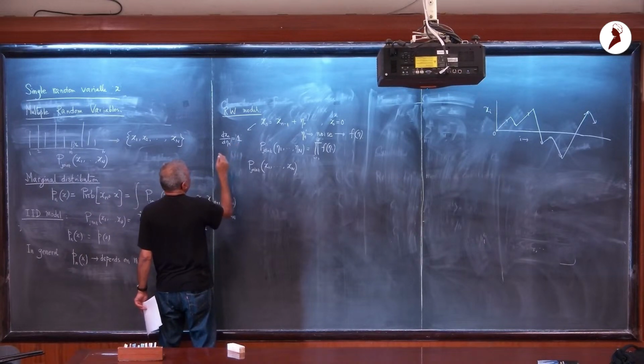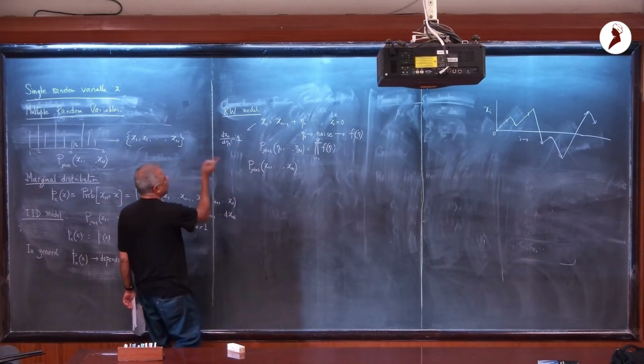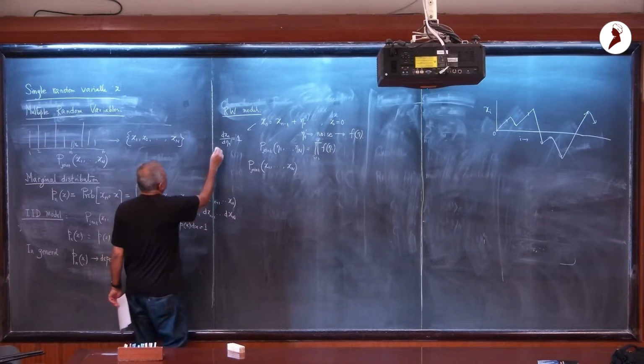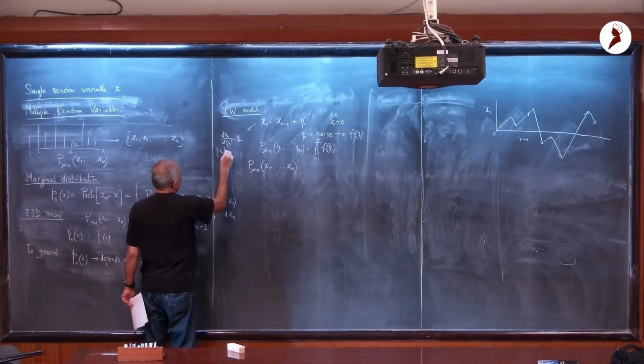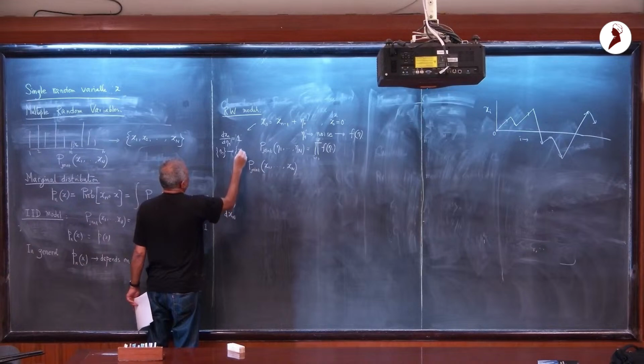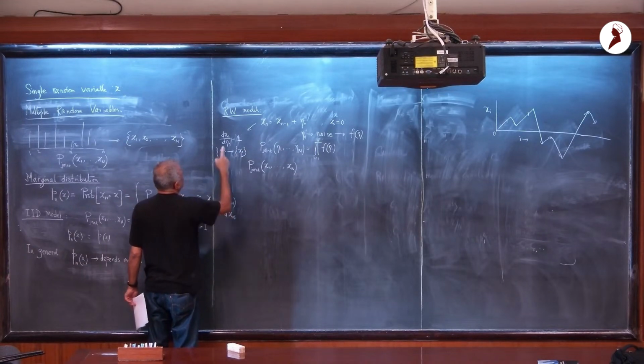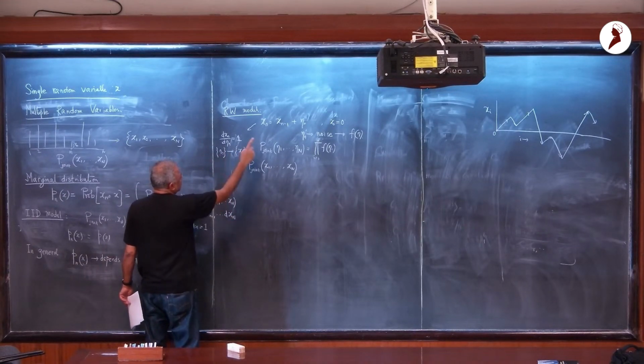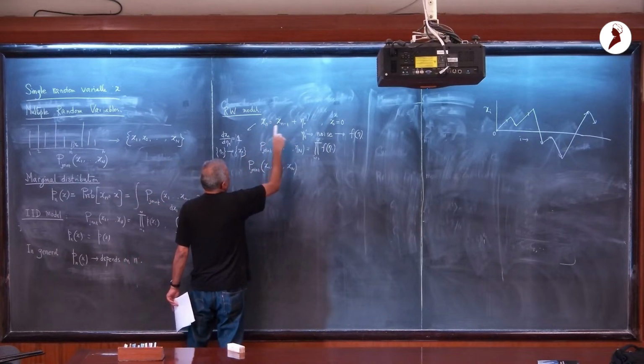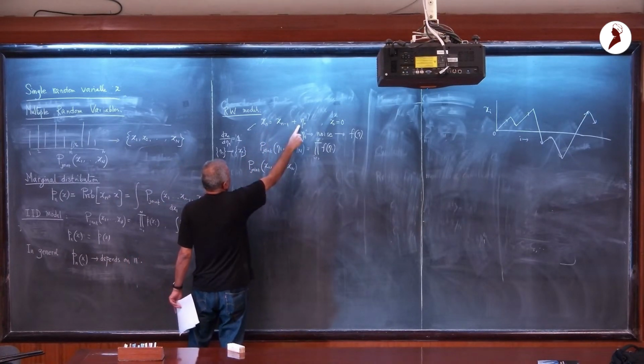So the Jacobian is just diagonal, because xn does not involve any of the other etas, it only involves eta n.